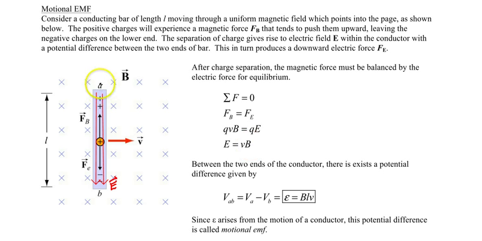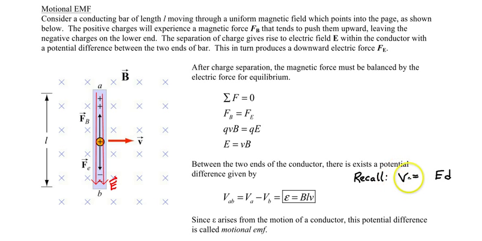So between the two ends, A and B, of this metal rod, there exists a potential difference. What is the magnitude of this potential difference, V_AB? If you recall, the potential difference is given as V equals negative E times d. Since we're just looking for the magnitude of it, we'll drop the negative.